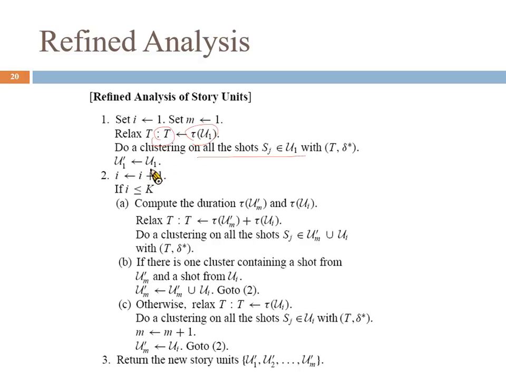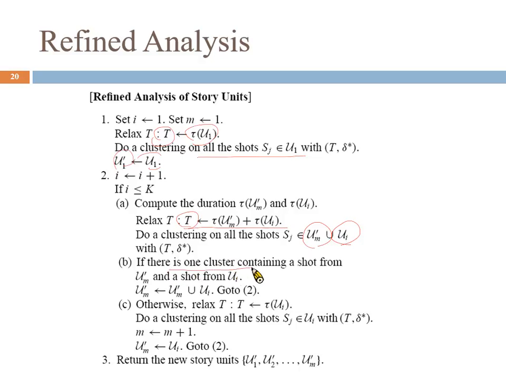And initially we set U1 prime as U1. And then in the loop procedure, we first compute the duration of UN prime and UI. And then we sum the duration of UN prime and UI as a new time-based constraint. With the new constraint, we do a clustering on all shots belonging to the union of UN prime and UI.